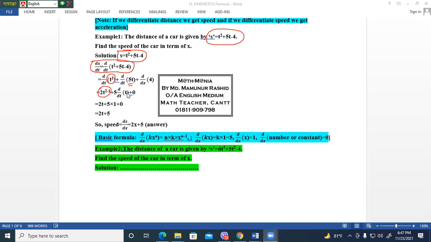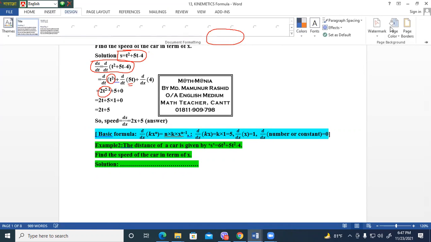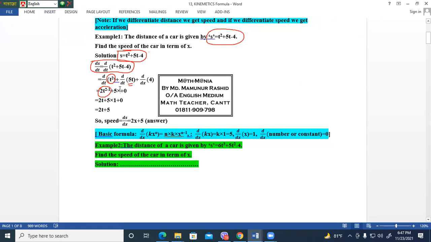For the constant value 4, it should be 0.